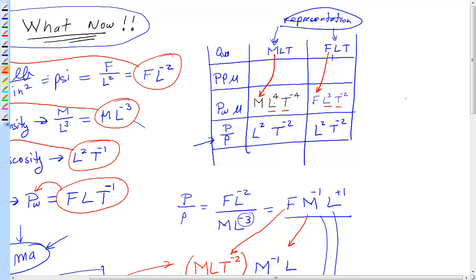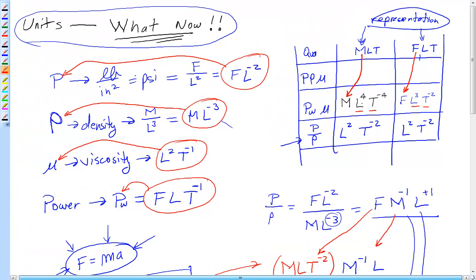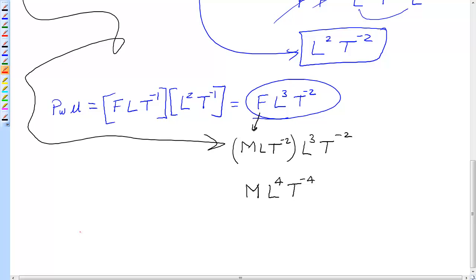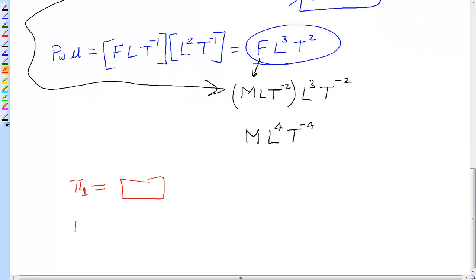So this is what you should be able to do with this, is to be able to move quantities into different representations. It's that simple. And if you were given quantities and their units on the side, no matter what the quantities were, it didn't matter that you understood them. There could be something like a pi 1, and it could have a bunch of units here. Then there could be, say, a pi 2. There could be a bunch of units here.